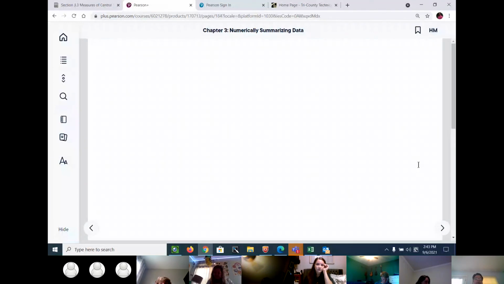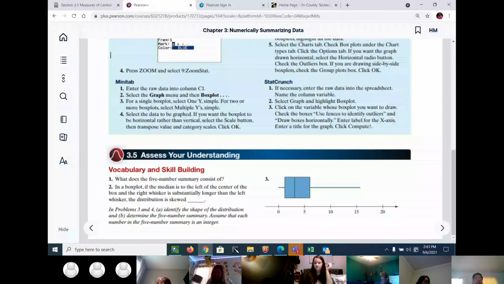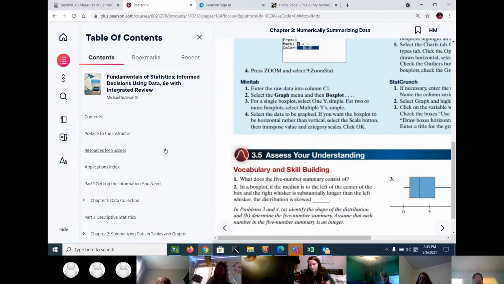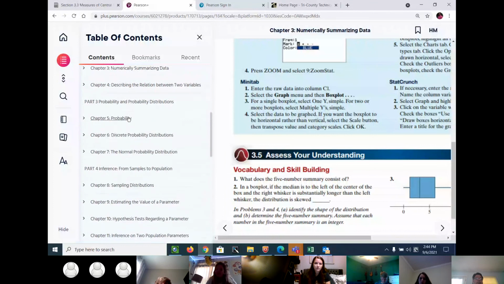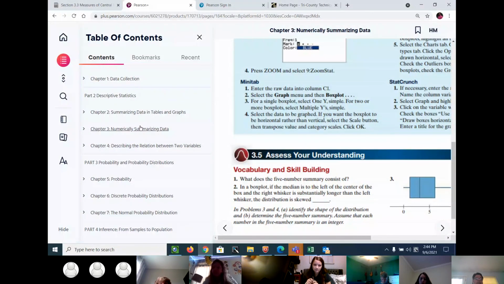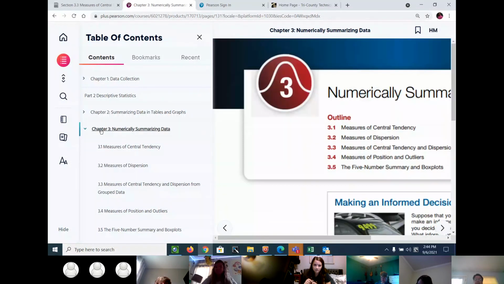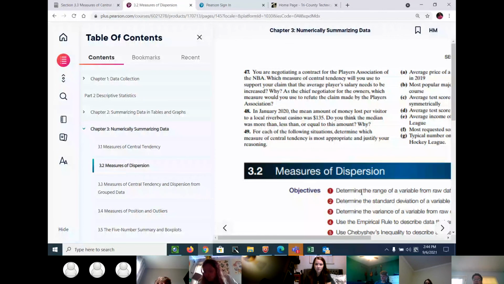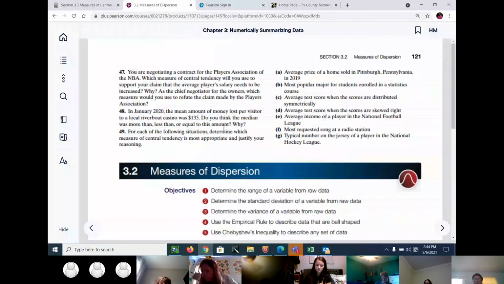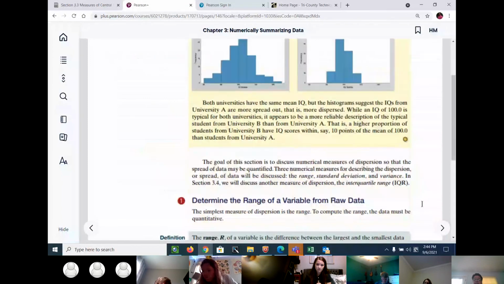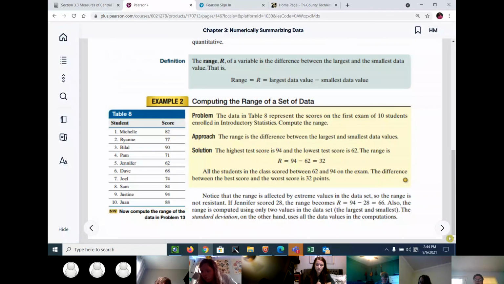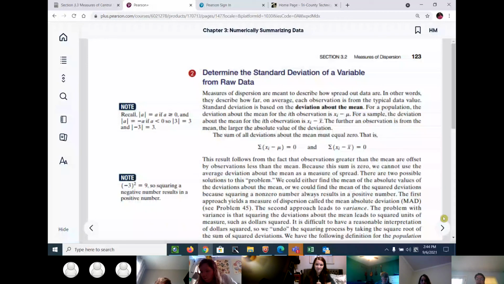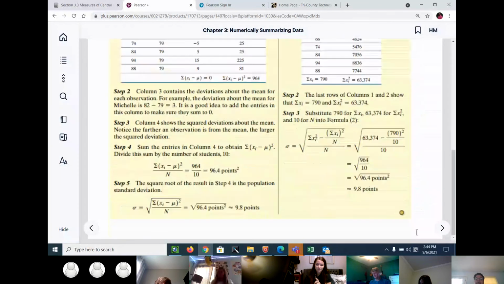Let me go to 3.3. Let's try 3.2. Oh well. I know I saw it somewhere in chapter 3. I just don't. There it is.